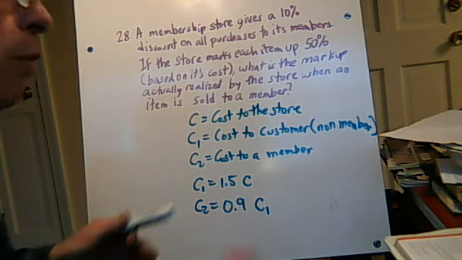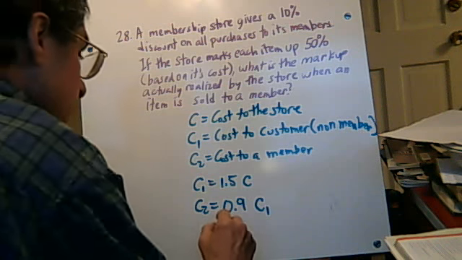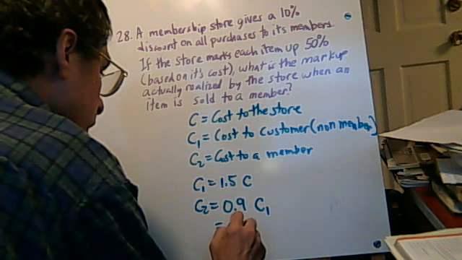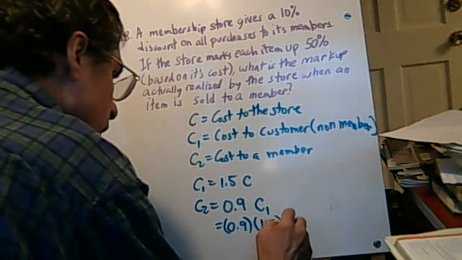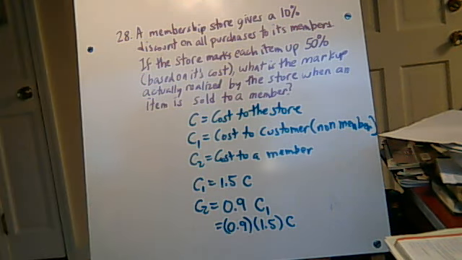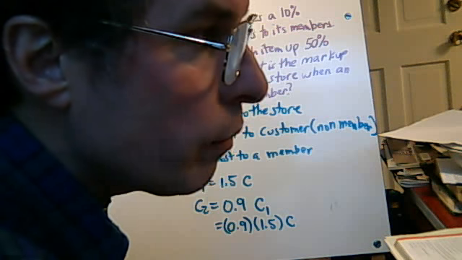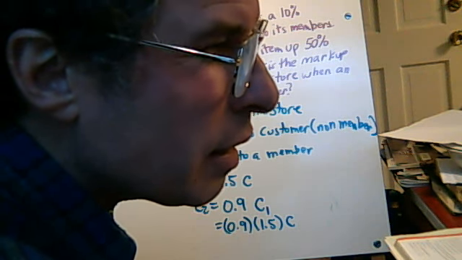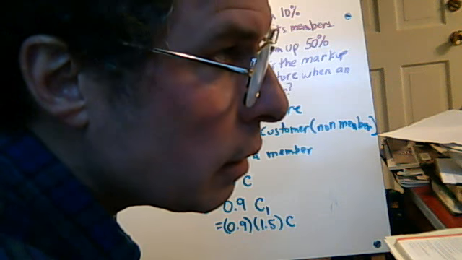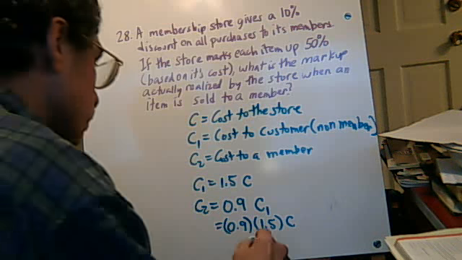Now, all you do is put these together, and you find that C2 is 0.9 times 1.5 times C. That is the cost of the store. And if you multiply those out, 1.5 times 0.9 equals 1.35.